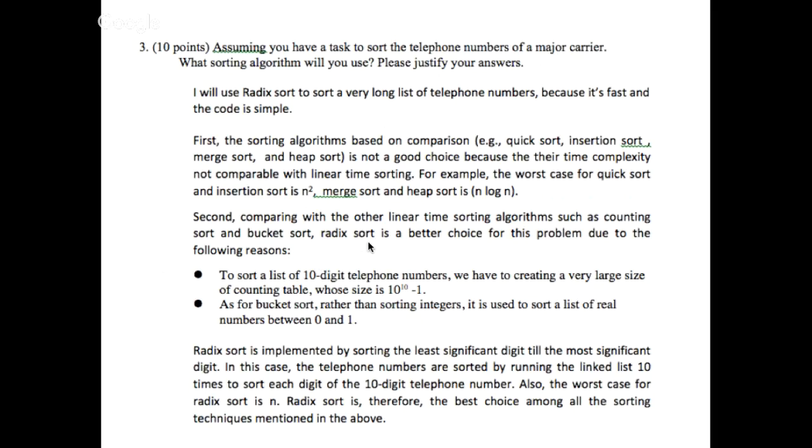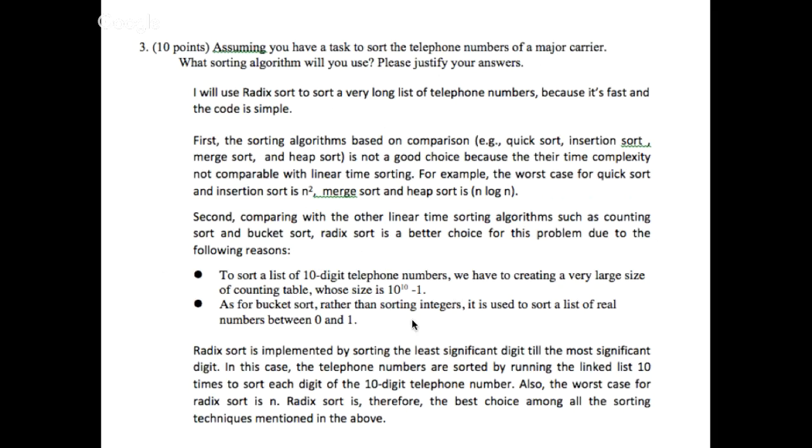For counting sort, for example, here we have 10-digit numbers. We need to have a large memory, because we have to convert all the numbers to an index, and that requires a large memory.